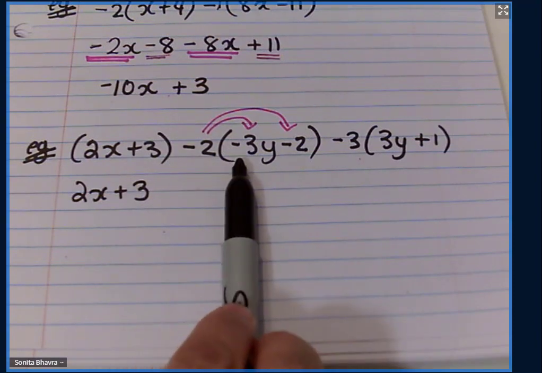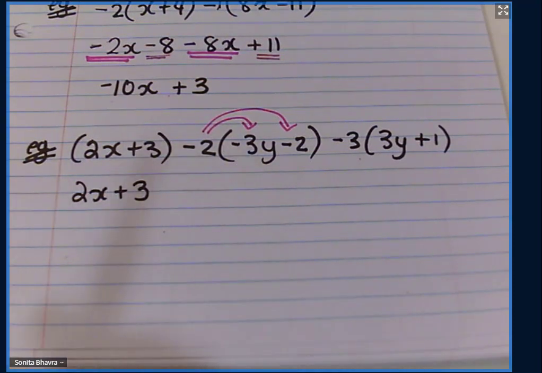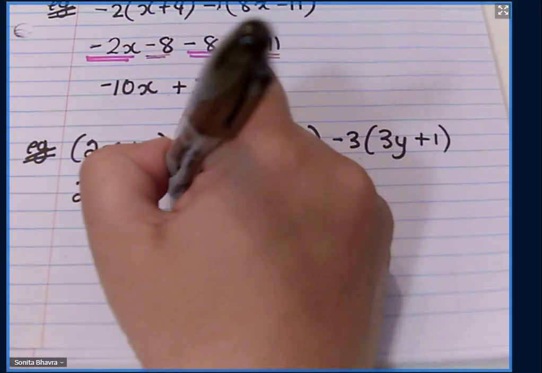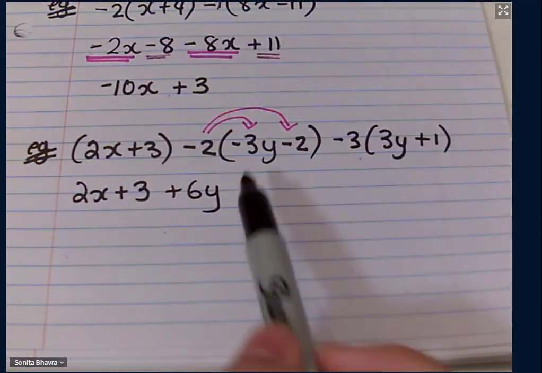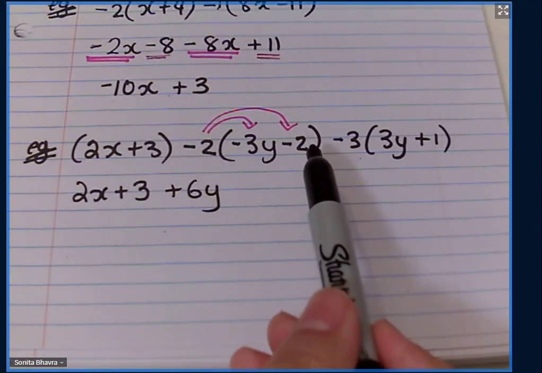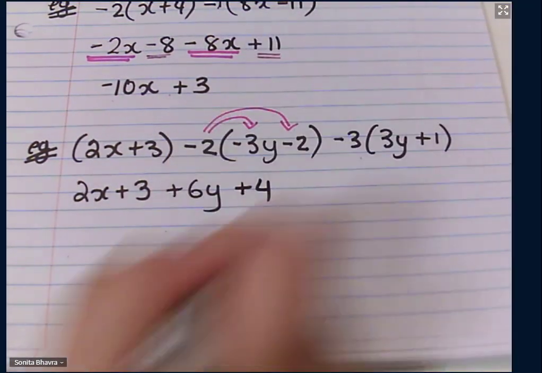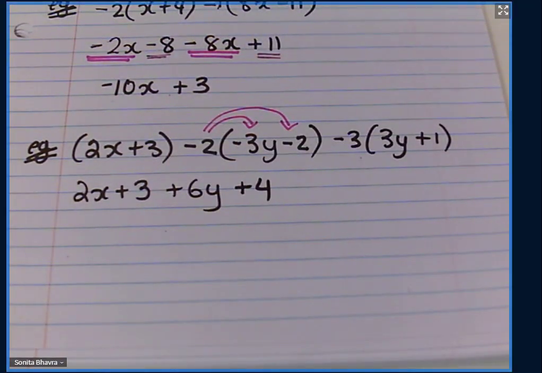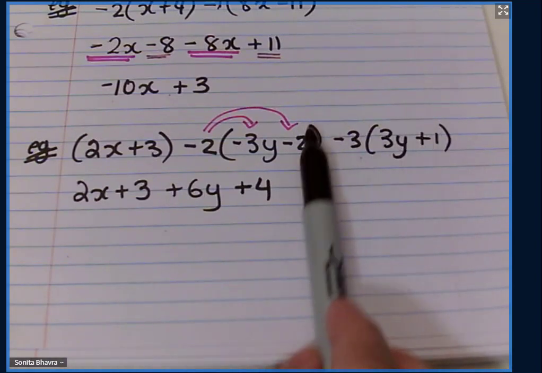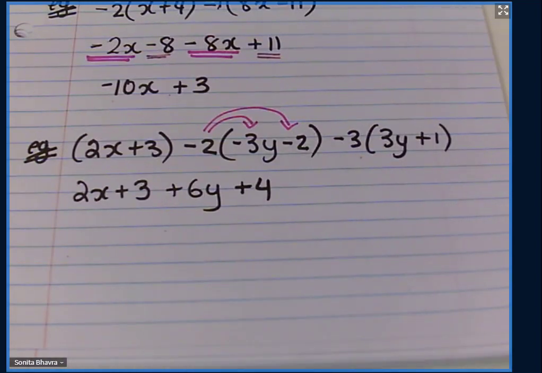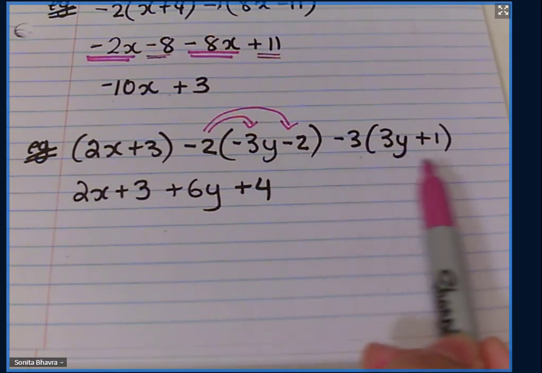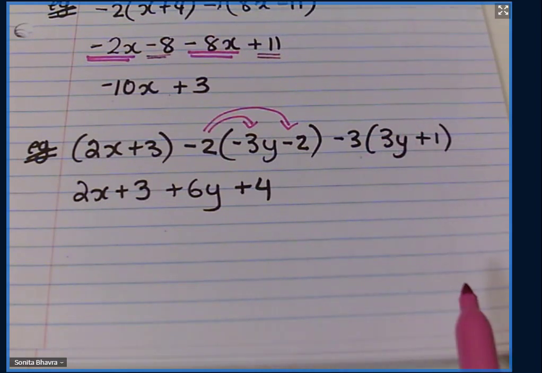Negative 2 times negative 3y gives me positive 6y. And then negative 2 times negative 2, that's positive 4. All right, second bracket is completed. Let's go to the third bracket. We have a negative 3 here that has to multiply to everything inside of that bracket there.